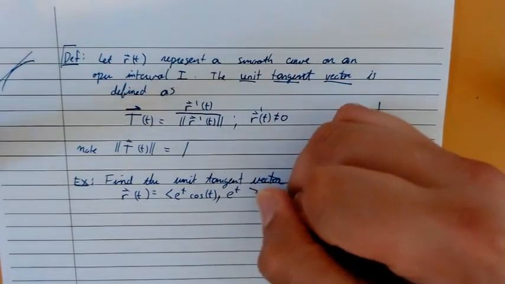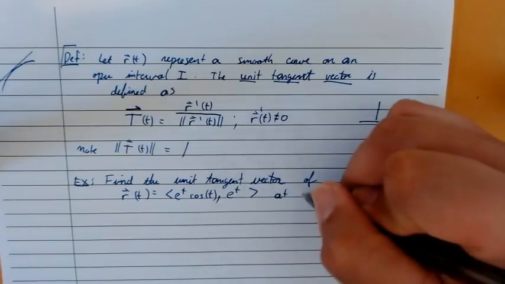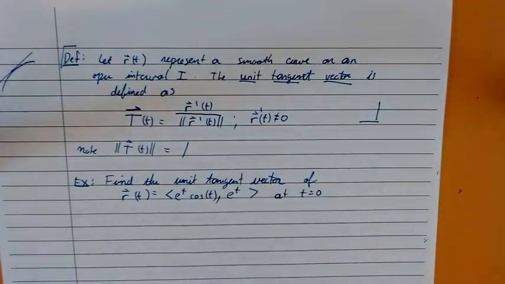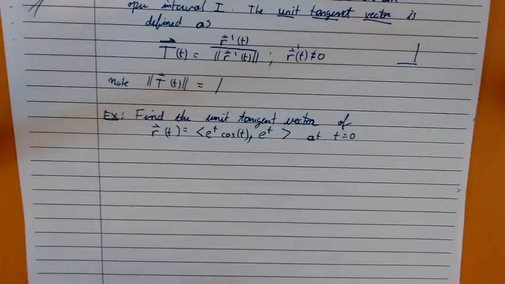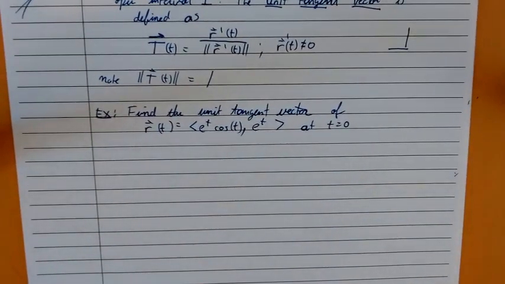And we're going to do this at a specific point, at a specific time index, t equal to 0. So find the unit tangent vector of this at time 0.